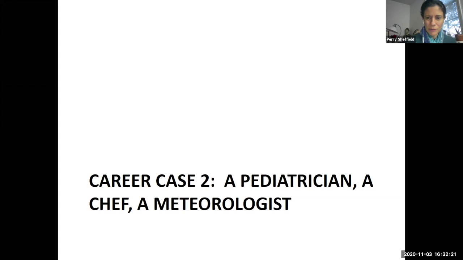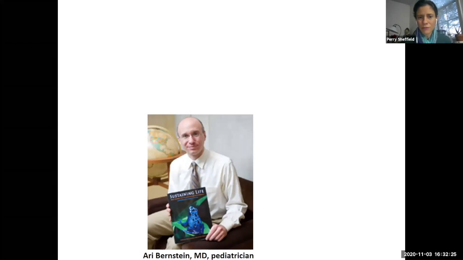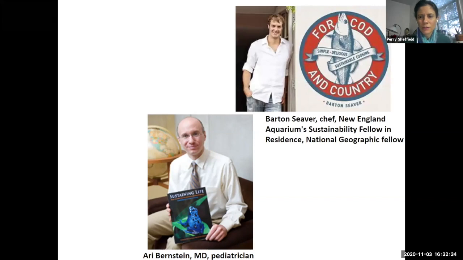So these three guys are a pediatrician, a chef, and a meteorologist. Ari wrote the beautiful book I got the cone snail example from, called Sustaining Life, about biodiversity. Barton Seaver is a chef, and has done a lot of thinking about sustainable diets.